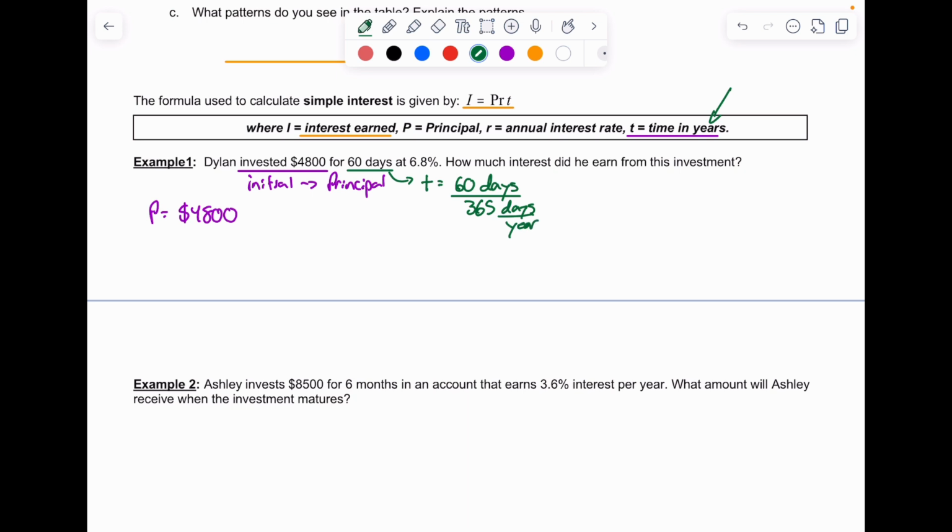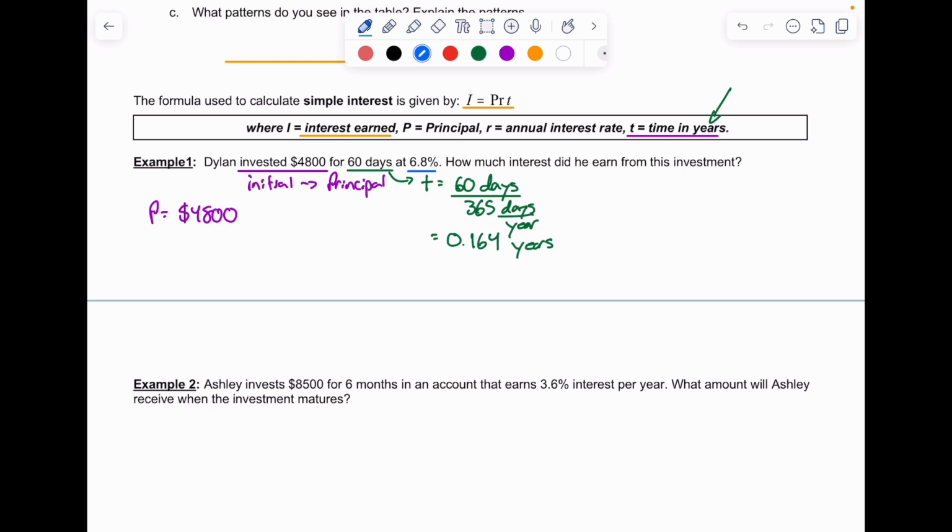It's because we want to know how much of those 60 days is part of our year. So our T, I need a calculator to do this, 60 divided by 365. So this would be 0.164. Go to 3 decimal places, that's enough. All right, so years. So he had it in there for 0.164 of a year.